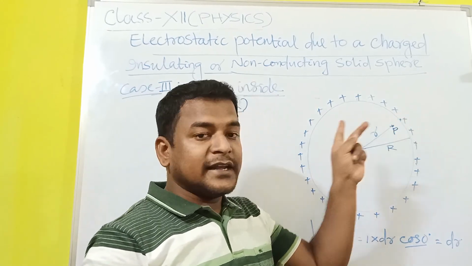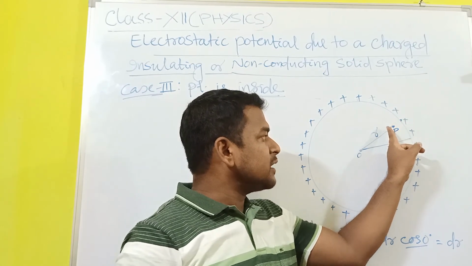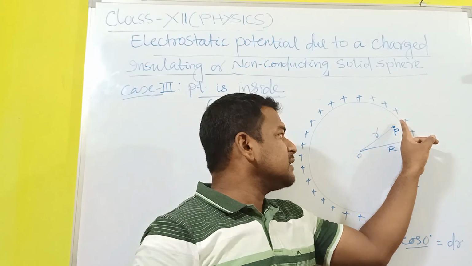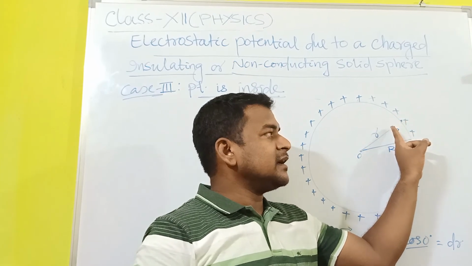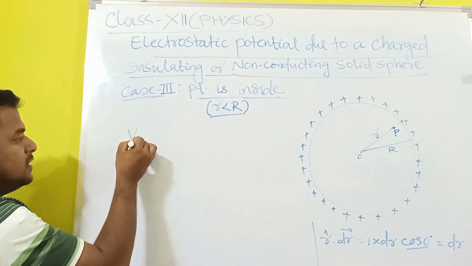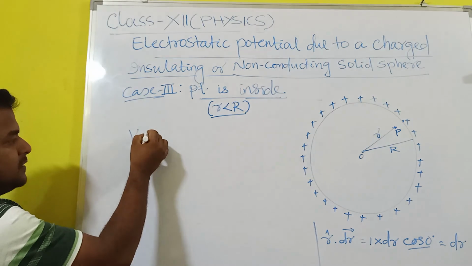And situation 2, from capital R to small r. Infinity to capital R, then again capital R to small r. So potential inside the sphere will be how much?